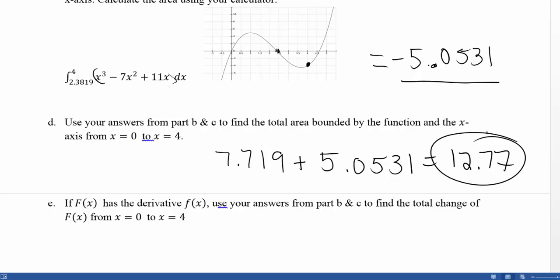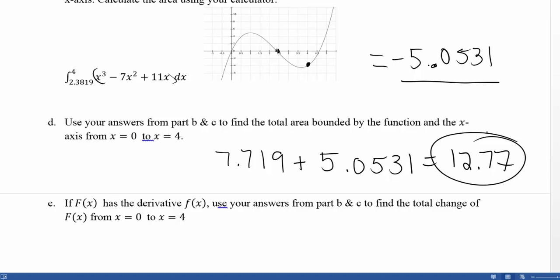Part E, if F of x has a derivative of little f of x, use your answer from Part B and C to find the total change of F of x from 0 to 4. So if we're looking for total change of the original function, and we know that the function that we have was the derivative, now we need to count anything above as positive and anything below as negative.